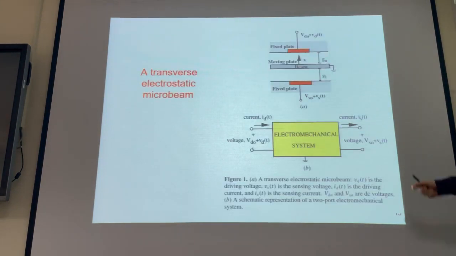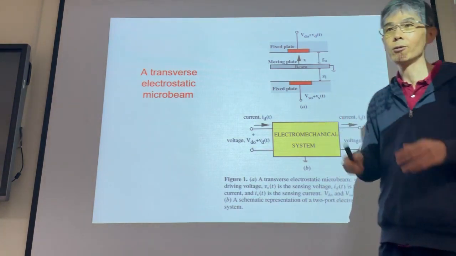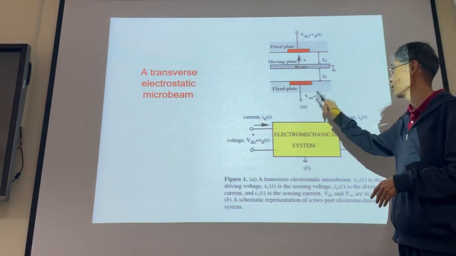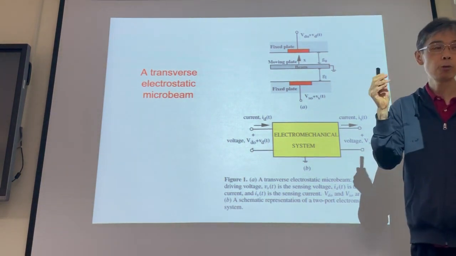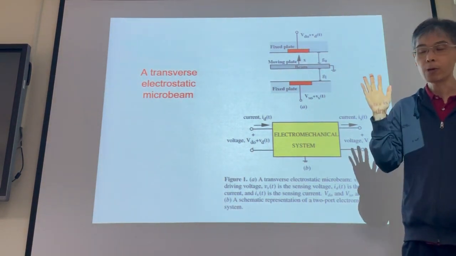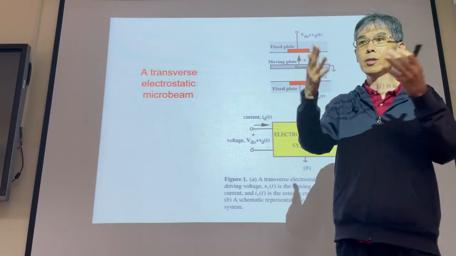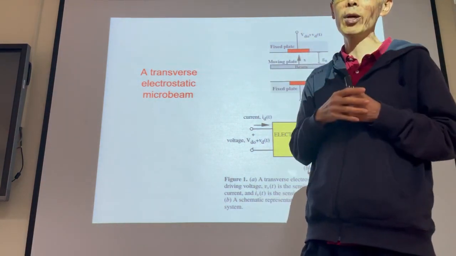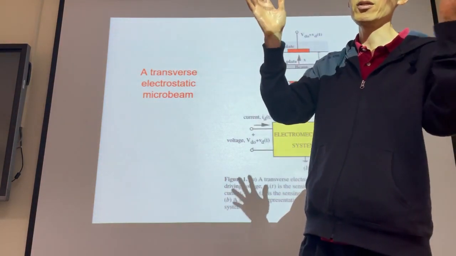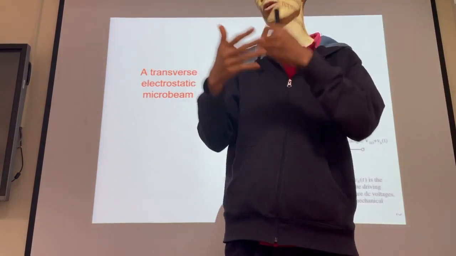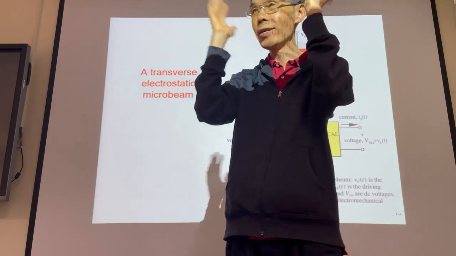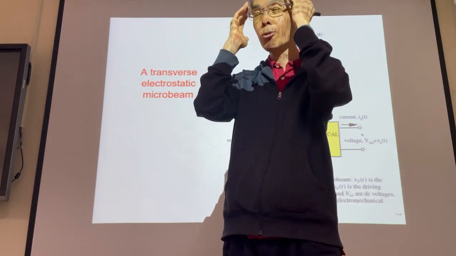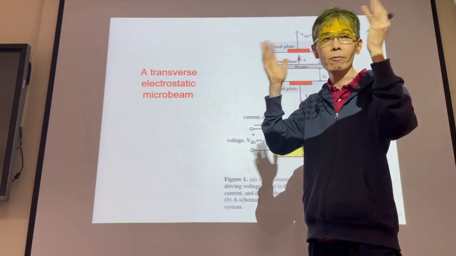This is for every presentation. First is the schematic and the operational principle. Always, you need to let your audience know what you are talking about. So the schematic is a very good communication tool to give people at least some image of your device.